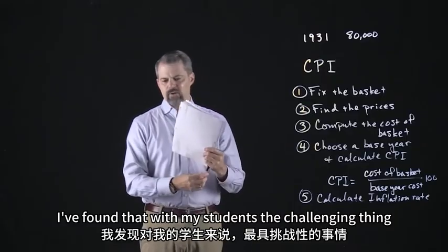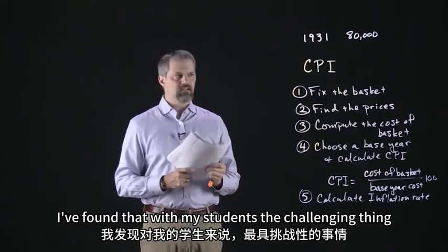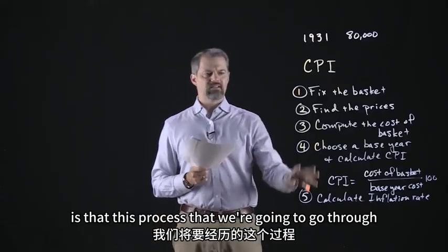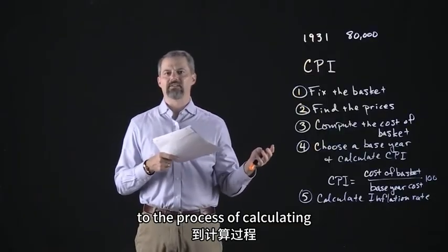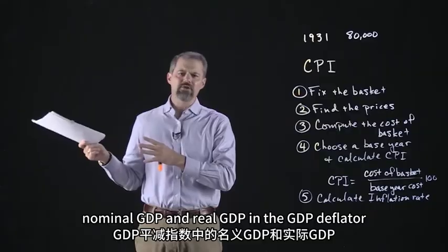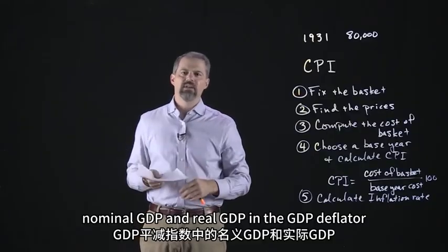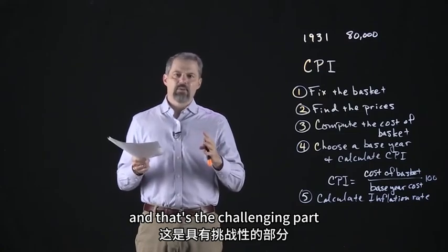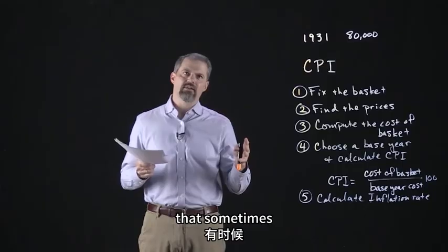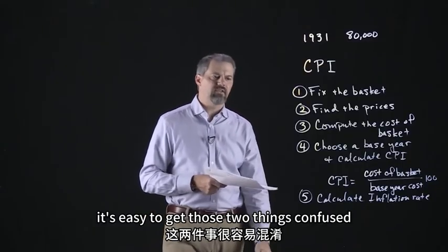I've found that with my students, the challenging thing is that this process that we're going to go through is going to appear very similar to the process of calculating nominal GDP and real GDP and the GDP deflator. And that's the challenging part, is that they look so similar that sometimes it's easy to get those two things confused.